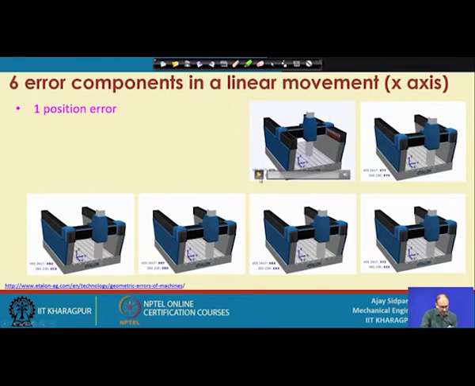Now, you will find two scales here. If you see this particular location, one is the white color one and another one is the red color one. The white color one is the desired one, and this is what you are getting.